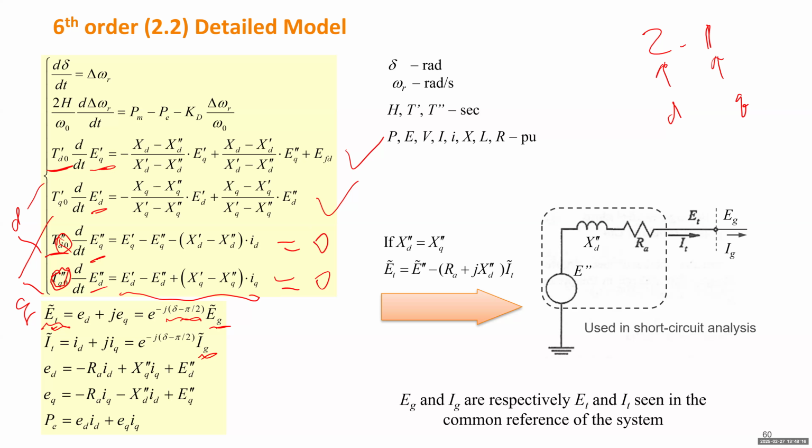Then you get a 1.1 model. Okay, so using the last 2 equations to solve the EQ double prime, ED double prime, and plug into the 3rd and the 4th equation to eliminate ED and EQ double prime. Then you have only 4 equations with single prime parameters. So that's the answer. So you won't be able to see any double prime parameter.